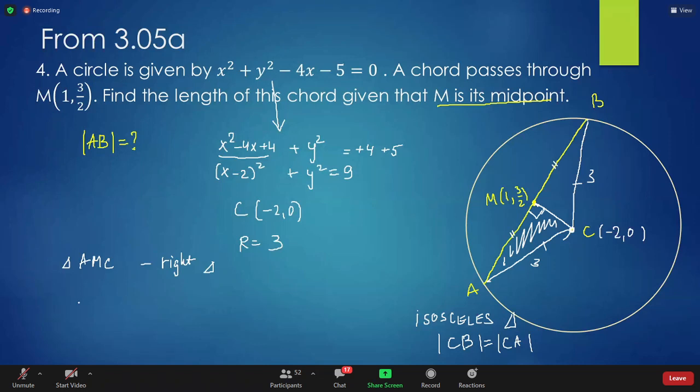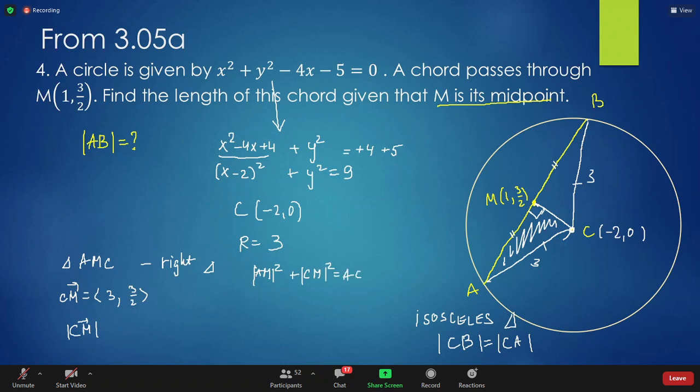Let's take vector CM, which has coordinates 1 minus negative 2 is 3, and 3 halves minus 0 is just 3 halves. I'm not transforming the number. So the length of MC squared, because we will need the square for the Pythagorean theorem. We will need the CM squared, because we will be able to find AM squared: AM squared plus CM squared will be equal to AC squared.